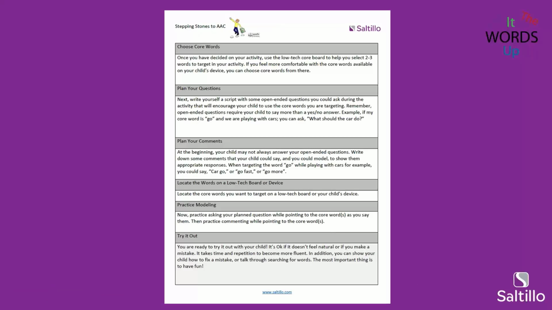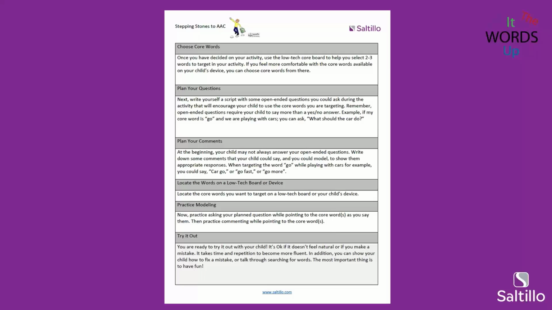And then this second handout that is also available in your materials tab is our Stepping Stones to AAC reference guide, just for you if you have not attended previous trainings, just to help walk you through the process, and so you have something to reference following this training, or so you can hand out to colleagues who may not have been able to attend this evening.